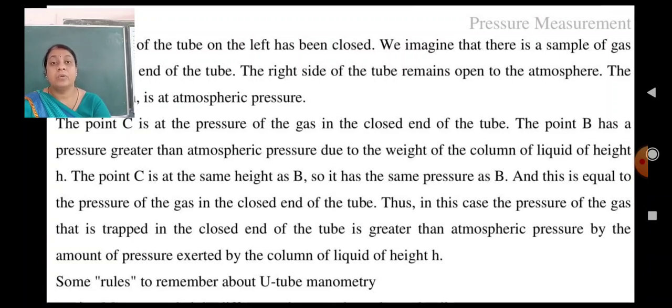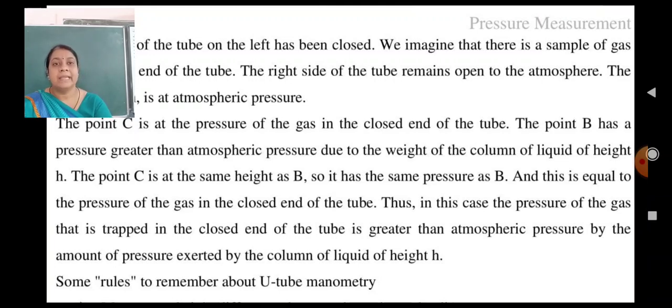The point A is at atmospheric pressure. The point C is at the pressure of the gas in the closed end of the tube.